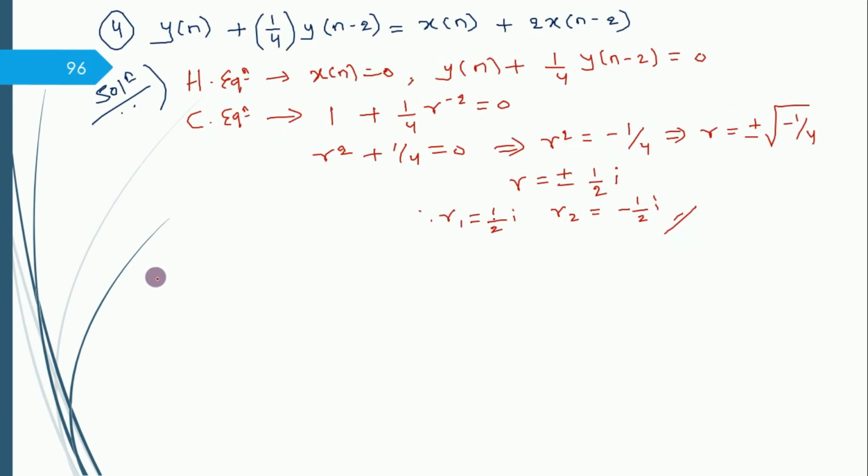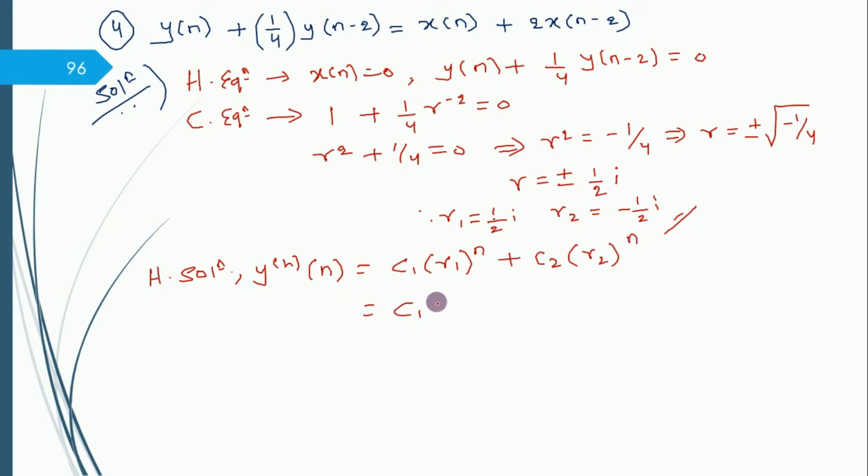Homogeneous solution y h of n is written as c1 r1 raised to n plus c2 r2 raised to n. This is equal to c1 (1 by 2 i) raised to n plus c2 (minus 1 by 2 i) raised to n. So this is the homogeneous solution.